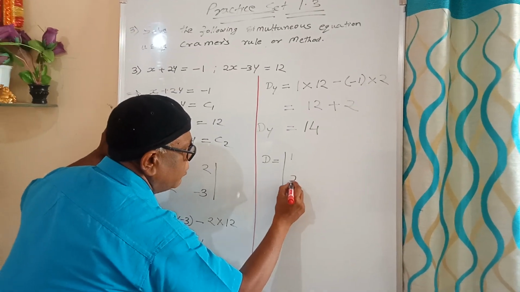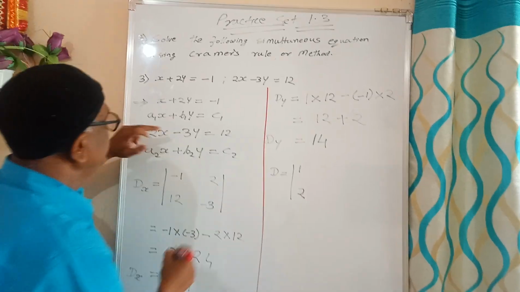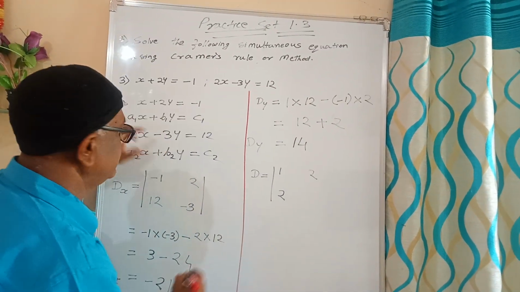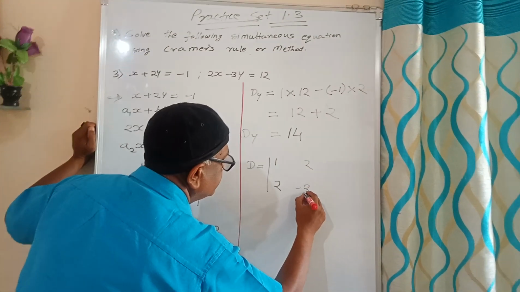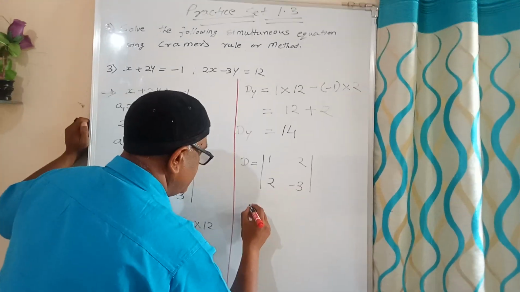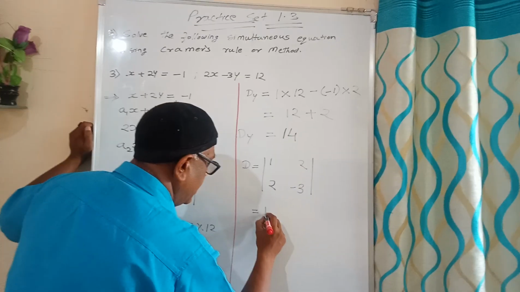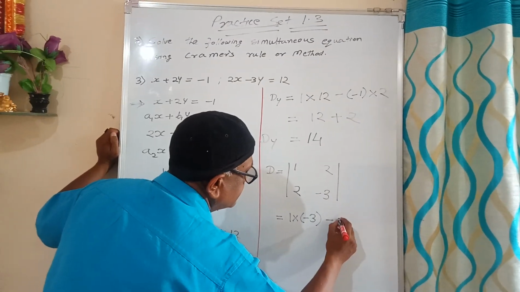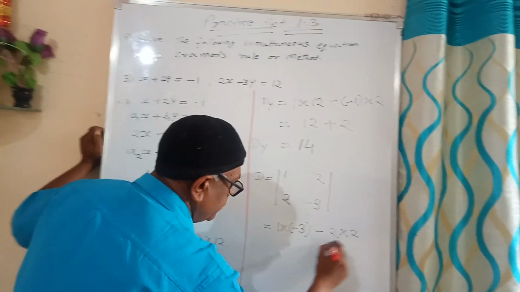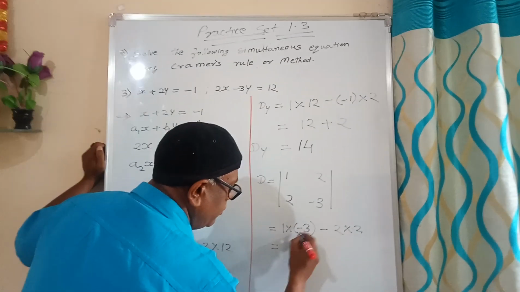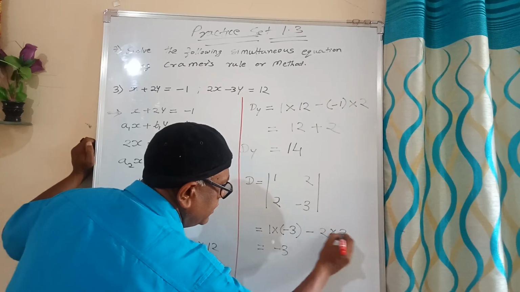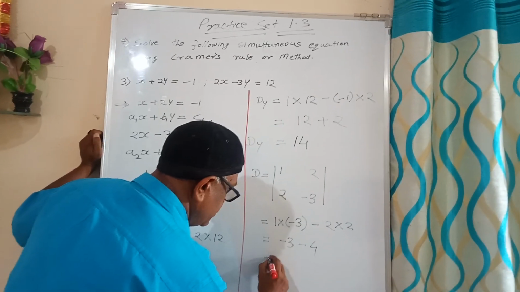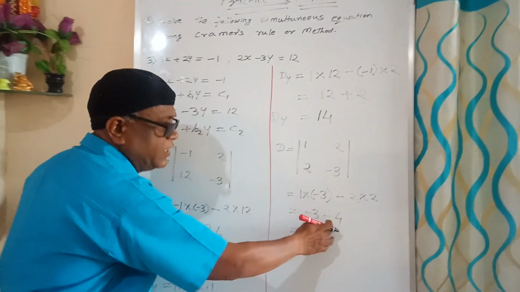Now the coefficient of y, here that is 2 and here that is minus 3, is equal to 1 into minus 3 minus 2 into 2, which is equal to minus 3 minus 2 twos are 4, which is equal to minus 3 minus 4.